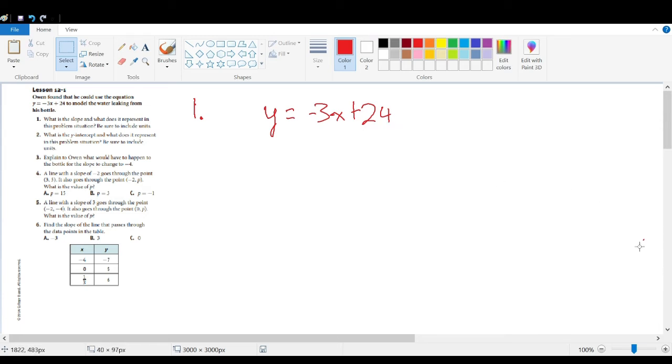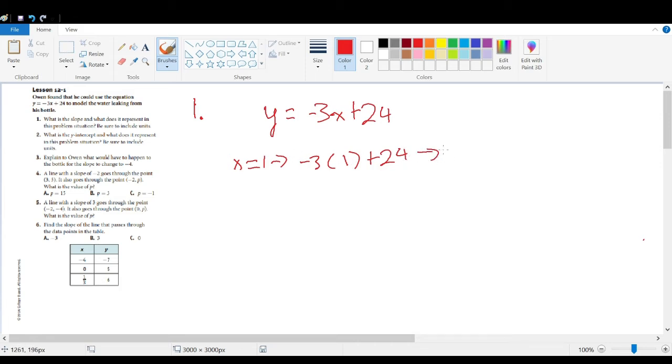Let's see, how much does y change when x increases by 1? So let's just try pretty much any x. Let's say x is equal to 1. Then what's y going to be? Y is going to be minus 3 times x, x is 1, plus 24.